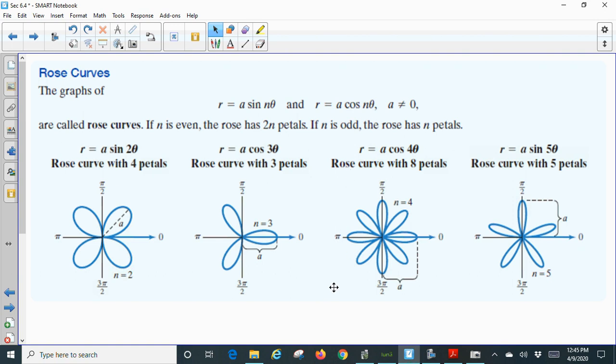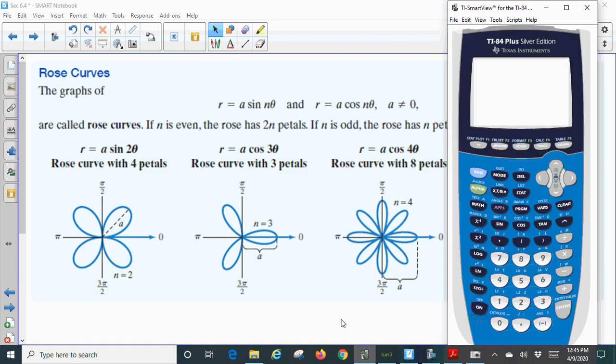You can graph these on a regular graphing calculator. Let me bring my calculator up. When you go to mode, you want to make sure you're in radian, not degree, to graph these. It won't work for some reason in degrees. On the next line down, you would want to switch over to POL, P-O-L, for polar, because you're graphing polars.